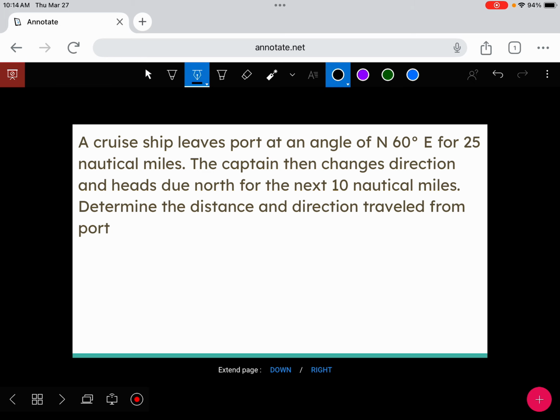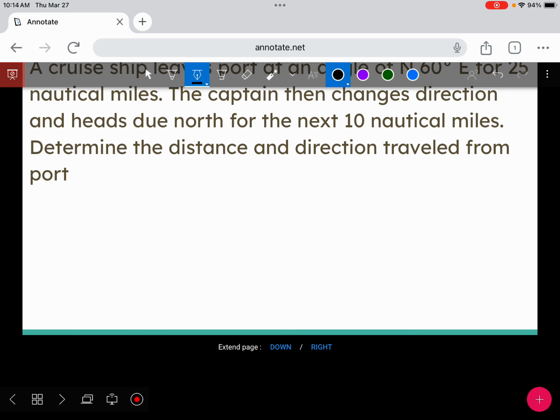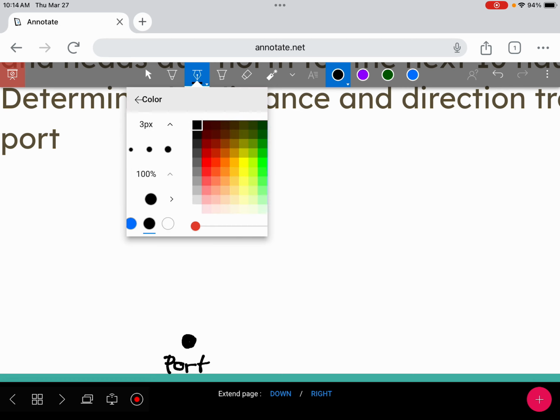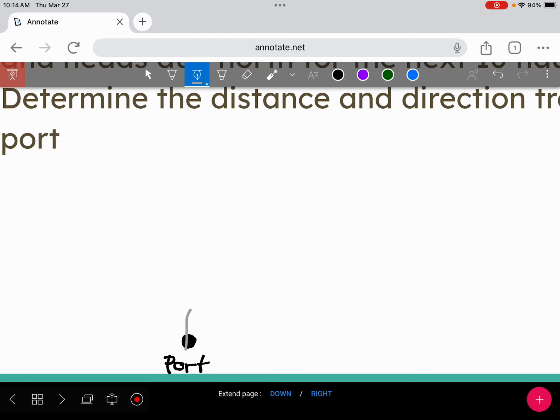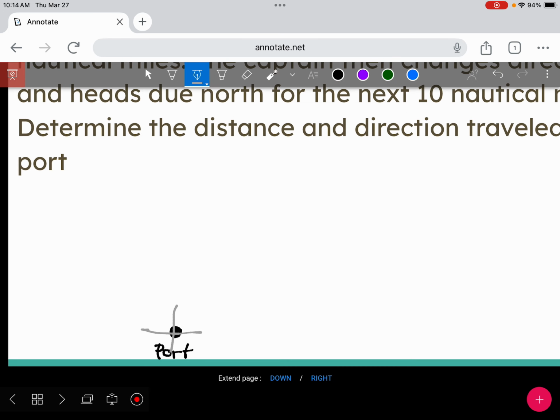So first thing we need to do is it really helps to see what is happening here. So if we have a port, I'm going to call this guy port right here. And the ship goes north 60 east. What quadrant is that going to be in? 1.